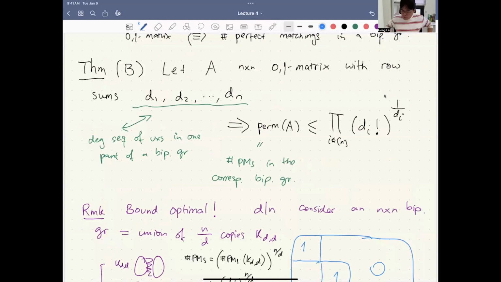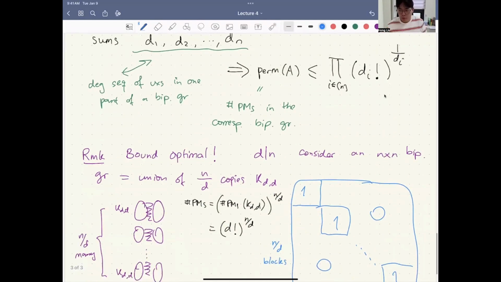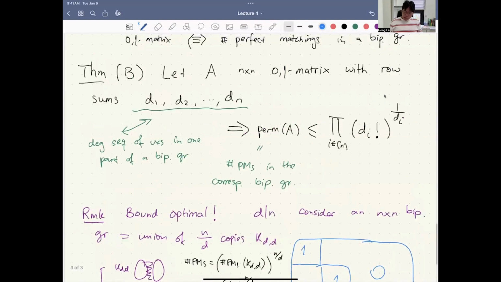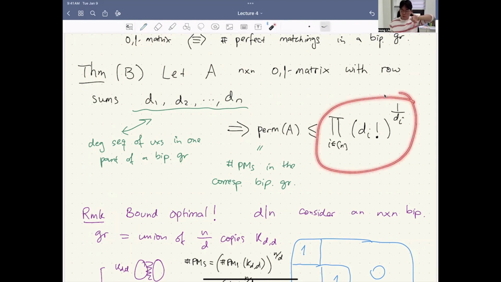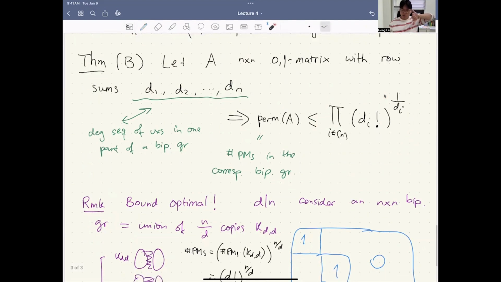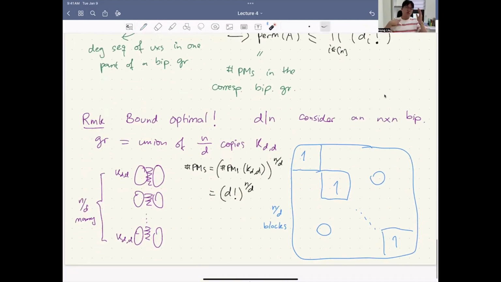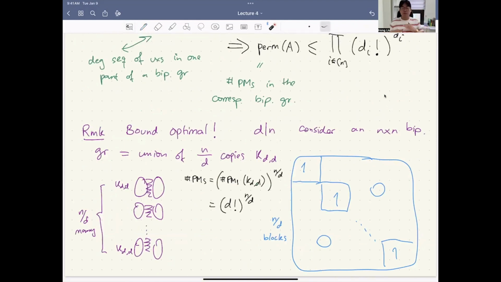So how do we prove it using entropy? As I said, now let's forget about the permanent formulation and just look at bipartite graphs. Bregman's theorem, once again, for bipartite graphs says that if you have an m by n vertex bipartite graph with degree sequence d1 to dn from one side, then the total number of perfect matchings is at most this number. To bound the number of perfect matchings, usually what we're going to do is uniformly randomly sample a perfect matching from the set of all perfect matchings.